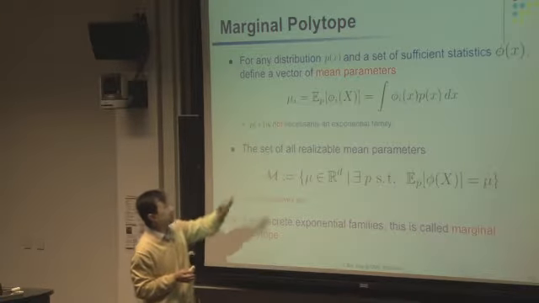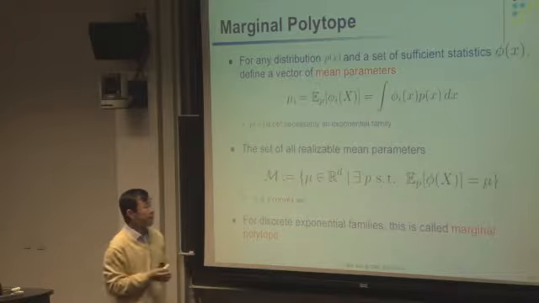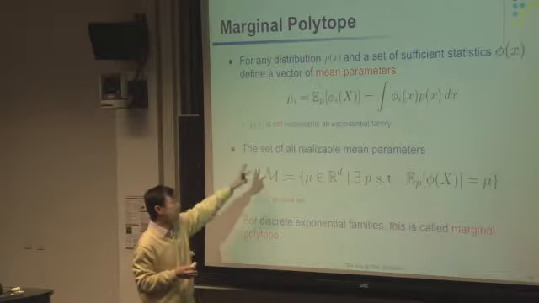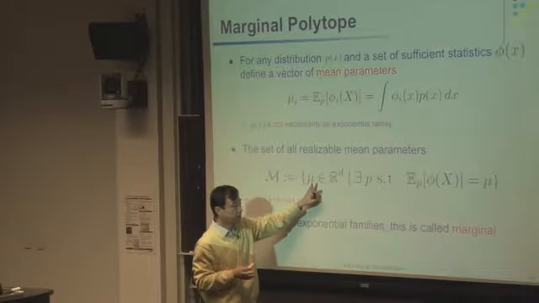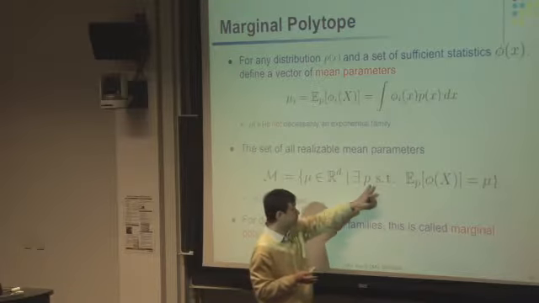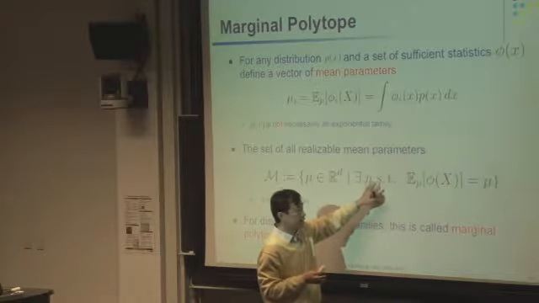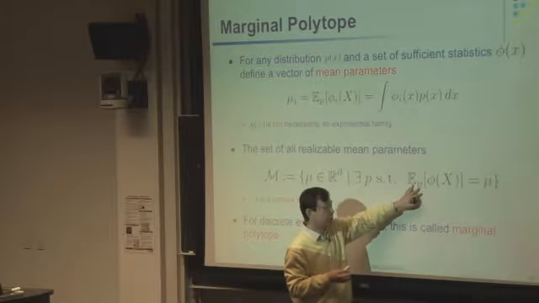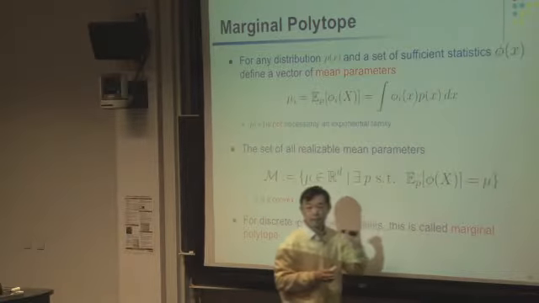Okay. And the expectation can be taken over any distribution. Therefore, the simplest way to define the space of that is it is such a mu that there exists a distribution, and the expectation taken according to the distribution over the sufficient statistic gets you to the mu itself.